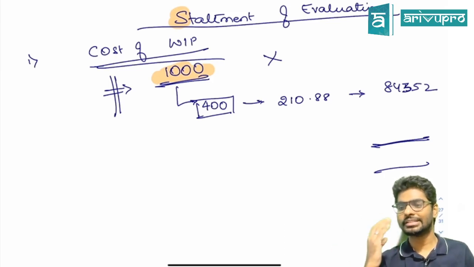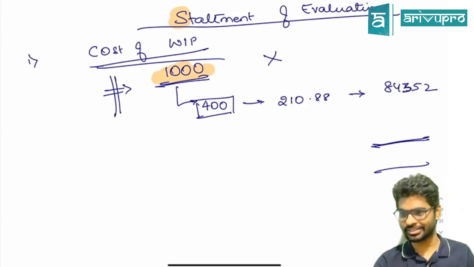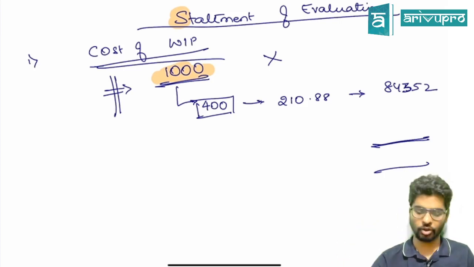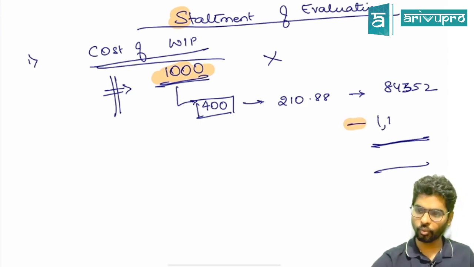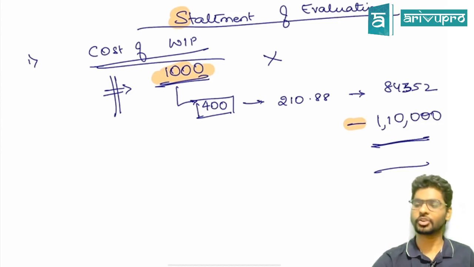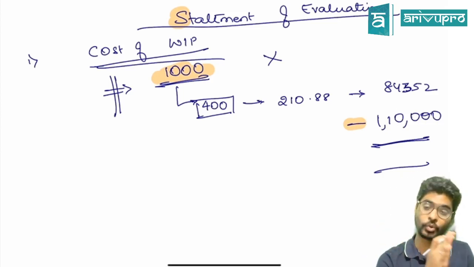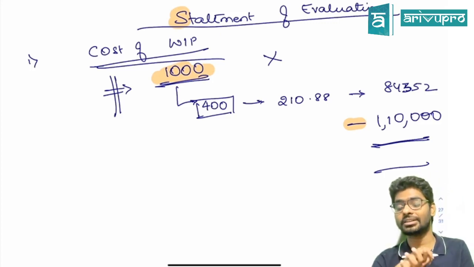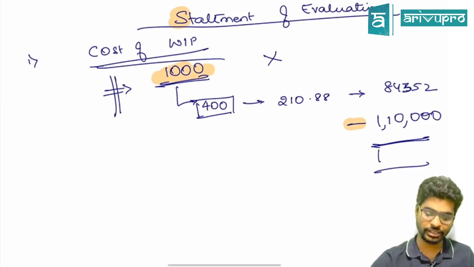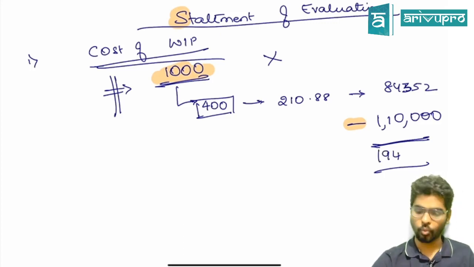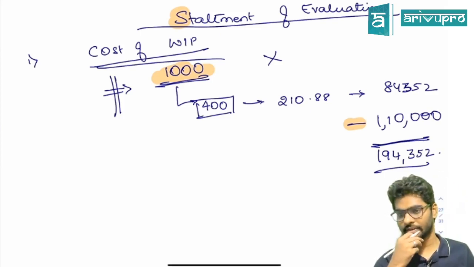Thank you, Shreyas. 60% was completed last year, 40% is completed this year. The cost of 60% was 1,10,000, which already was included last year. This year I have incurred 84,352. So my total cost of my opening WIP is 194,352. Are you clear?